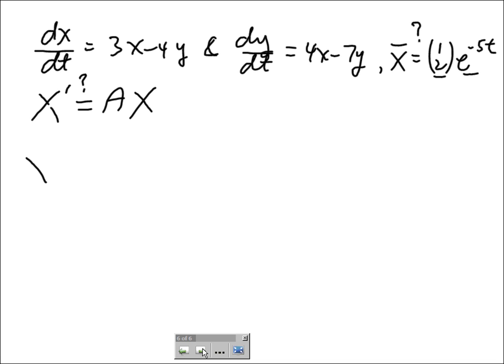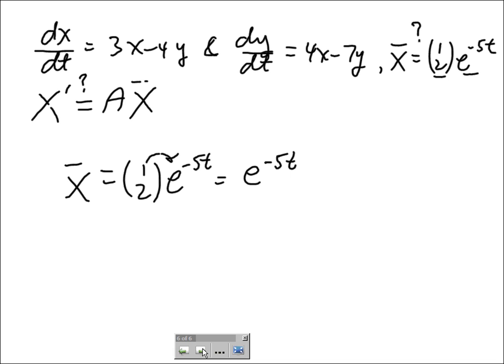Now, we know that x prime is little x prime, little y prime. Now, what is x prime? Well, we know that x bar is the matrix 1, 2, e to the negative 5t. That is, it's 1 times that, which is e to the negative 5t, 2 times that.